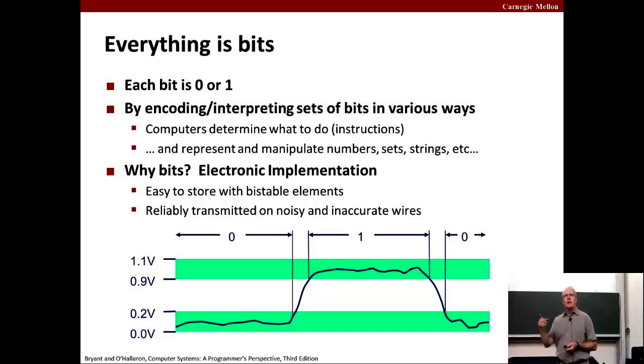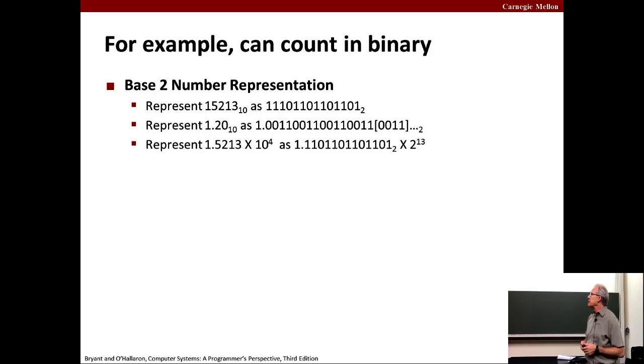If there's noise or imperfections in the circuit, as long as that doesn't exceed the thresholds you've set up, you'll get a nice clean signal out of it. That's the main advantage of digital processing over analog processing. That's at the core of why everything we do, especially for storing information, is based on bits: it's much easier to store one bit of information or a digital value than it is to store an analog value.